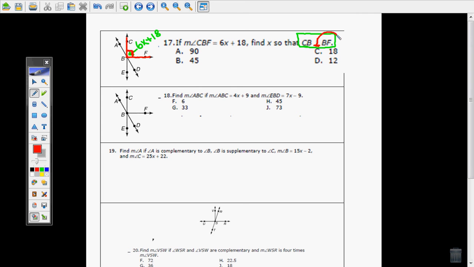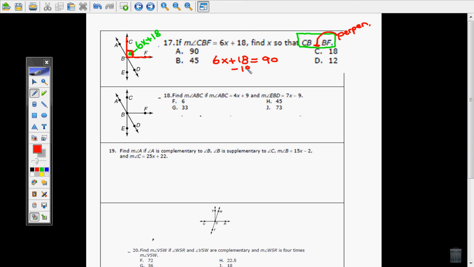The reason why I know to use the word perpendicular is because that's what the upside down T means. It means perpendicular. So now that's awesome because if they're telling me that this piece is 6x plus 18 and they're also telling me that it's 90, then I have everything I need to set up an equation to find x because 6x plus 18 now equals 90.